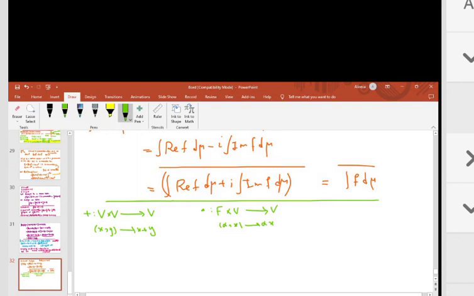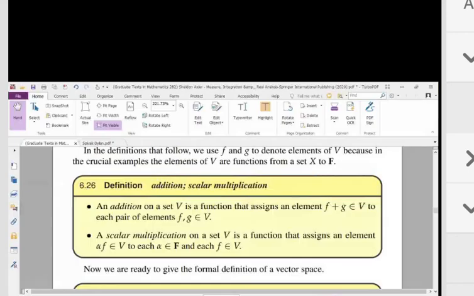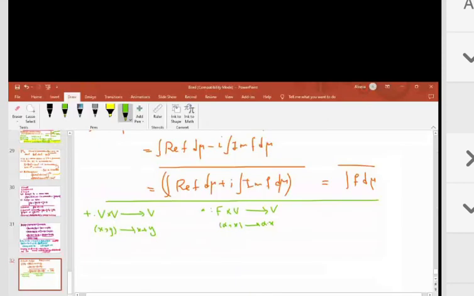We can write this with a dot or not, but we have two functions. For any f and g in V, we have f plus g in V. This is this function. For any x and y, x plus y must belong to V.